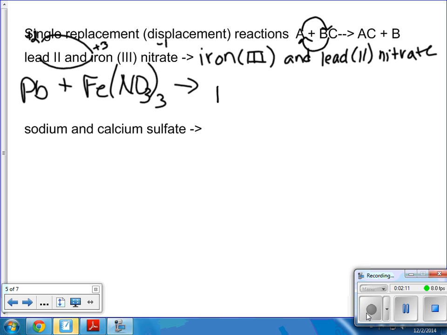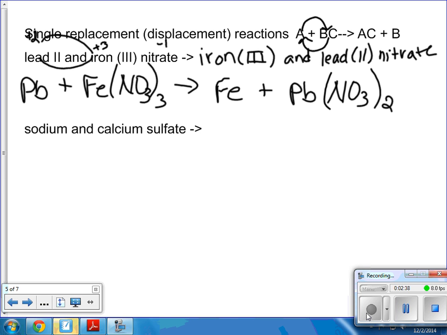And we have iron 3. Again, we just needed the 3 so that we could write out iron 3 nitrate. We don't actually write it with iron. And then lead 2 nitrate, Pb, NO3. Lead is a +2, nitrate's a -1, so we cross our charges and we put the 2 outside. And that's all we have to do for that one.